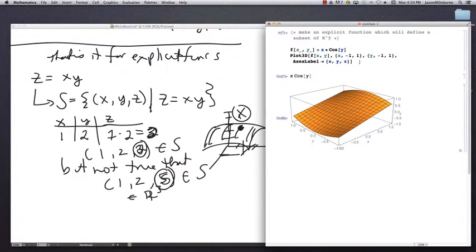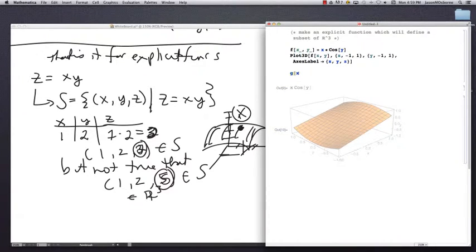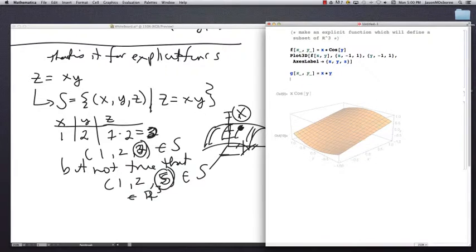So if you want to see what this subset actually looks like, we could make another function. Hit return. You could make a function, call it g of xy, and you could say that this is x times y. So what we just made here is z is equal to x times y. I hit return to do a plot of this thing, plot 3D.